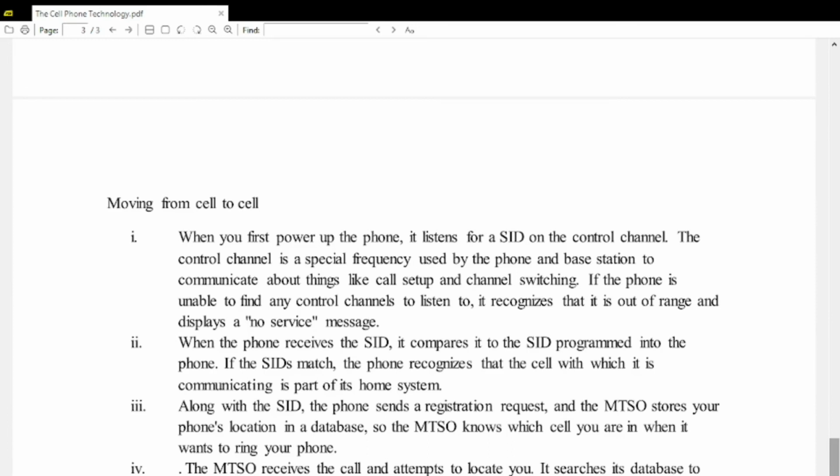Now, once it is able to do that, the MTSO will communicate with your phone through the control channel to tell your phone to use the frequencies that it has opened, and at that moment your phone call will come through, and you will be able to communicate with your device.